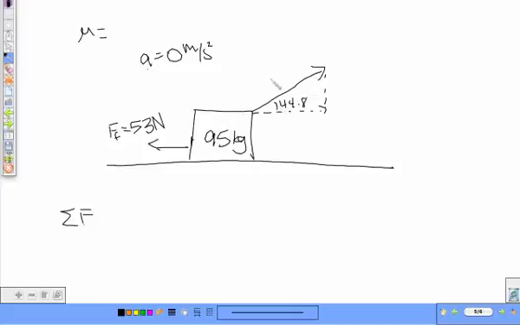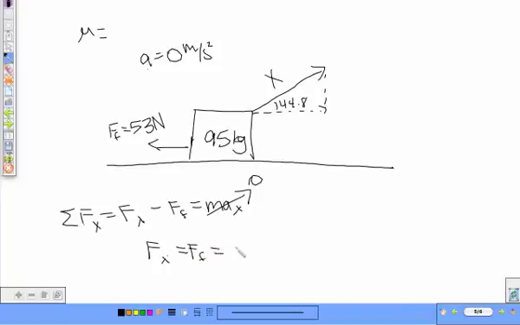So it's looking for this right here. Yes. So we can find f of x, because we know f of x minus f of f is equal to ma, correct? This is 0, though, because acceleration is 0. So that means that our f of x is equal to f of f. And that is equal to, then, 53 newtons.